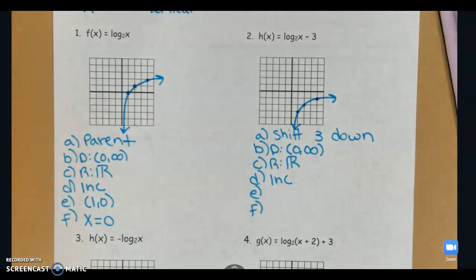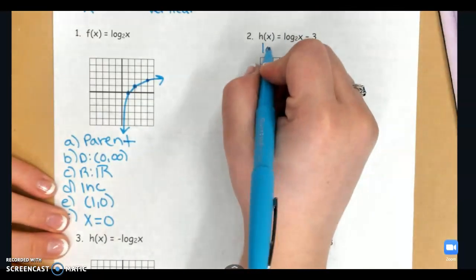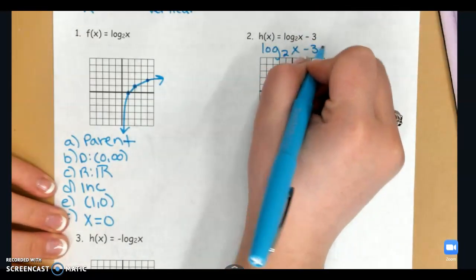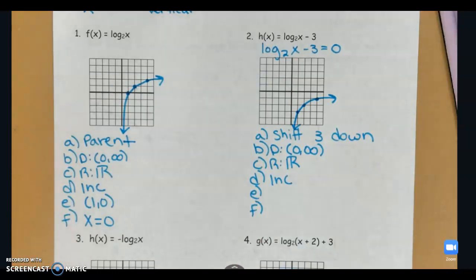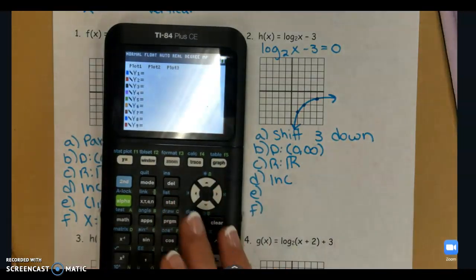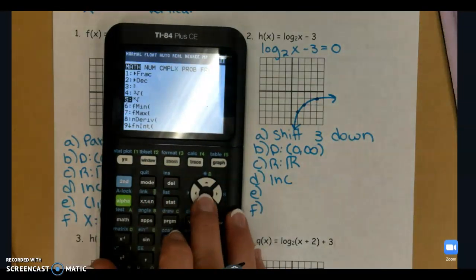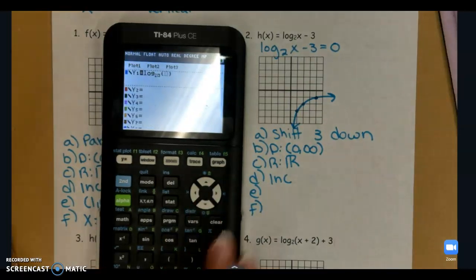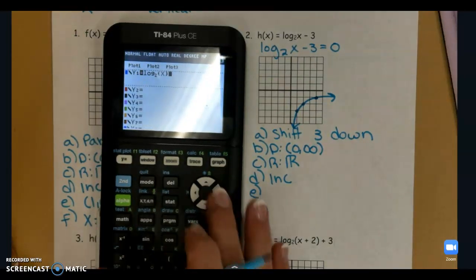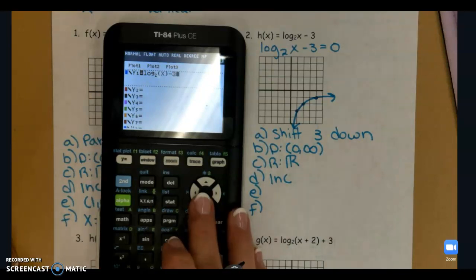Well, your x-intercept is when y equals 0, so it's when this is equal to 0. But we don't know how to solve log equations yet, so how can I figure this out? I'm going to go to my calculator, and I'm going to put in my log transformed function, log base 2 of x minus 3 on the outside.